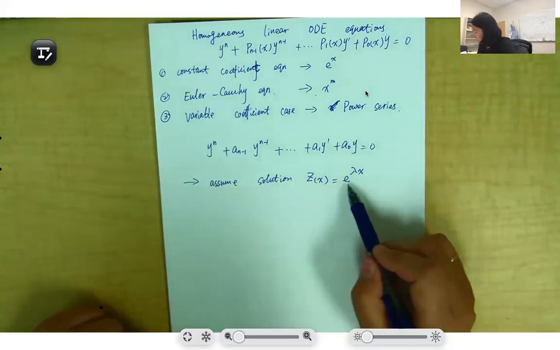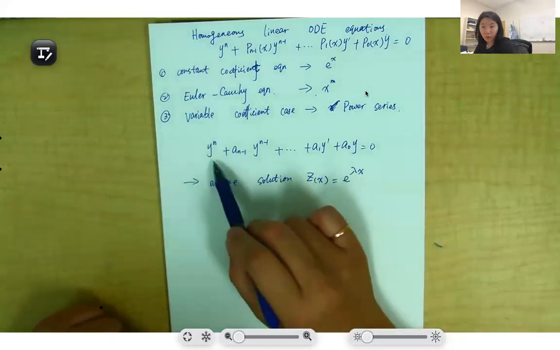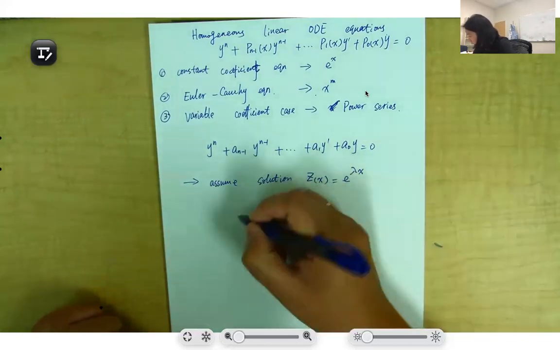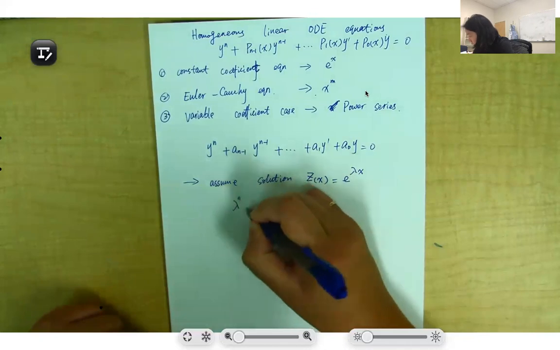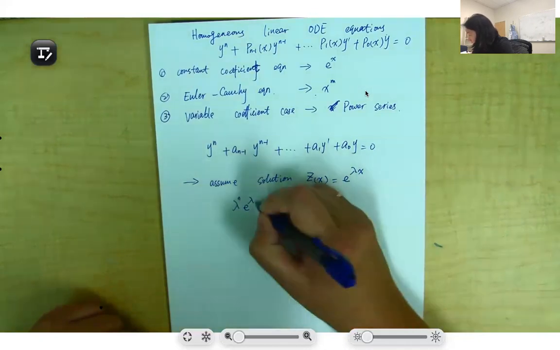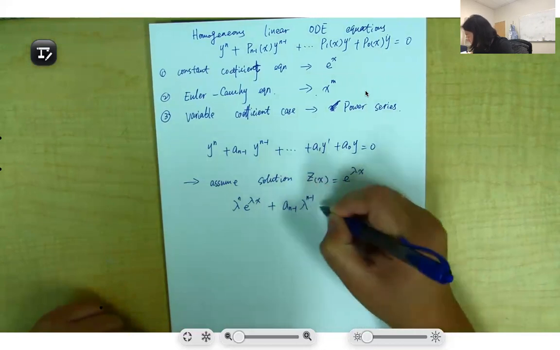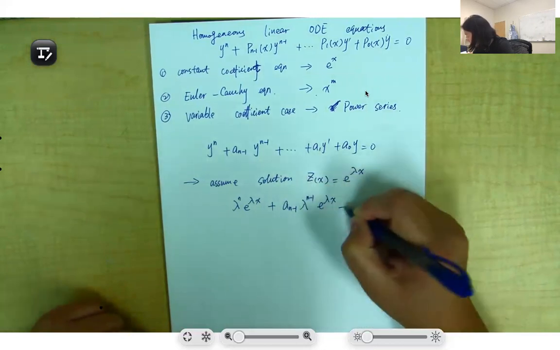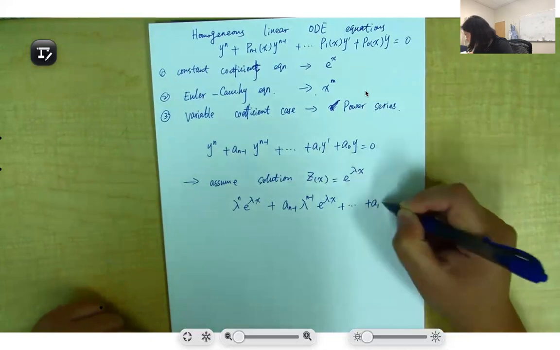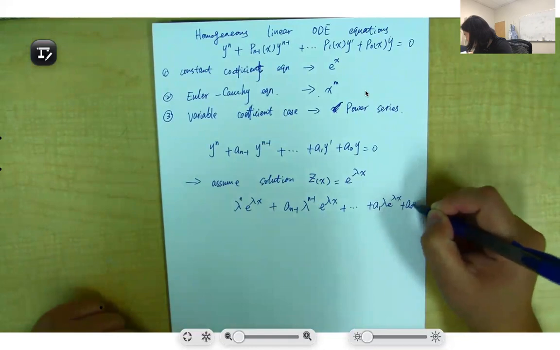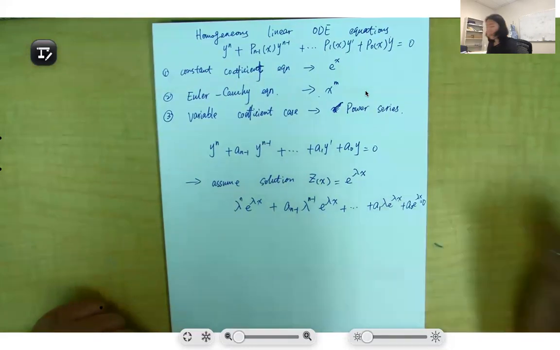And when you put this e to the lambda x back into your linear ODE, that will be lambda^n e^(lambda x) plus a_{n-1} lambda^(n-1) e^(lambda x) plus dot dot dot plus a1 lambda e^(lambda x) plus a0 e^(lambda x) equals 0.